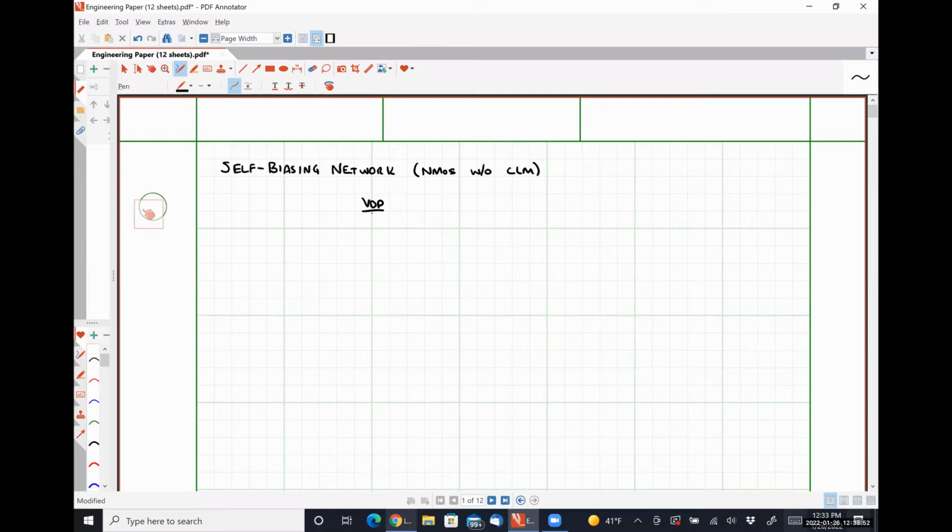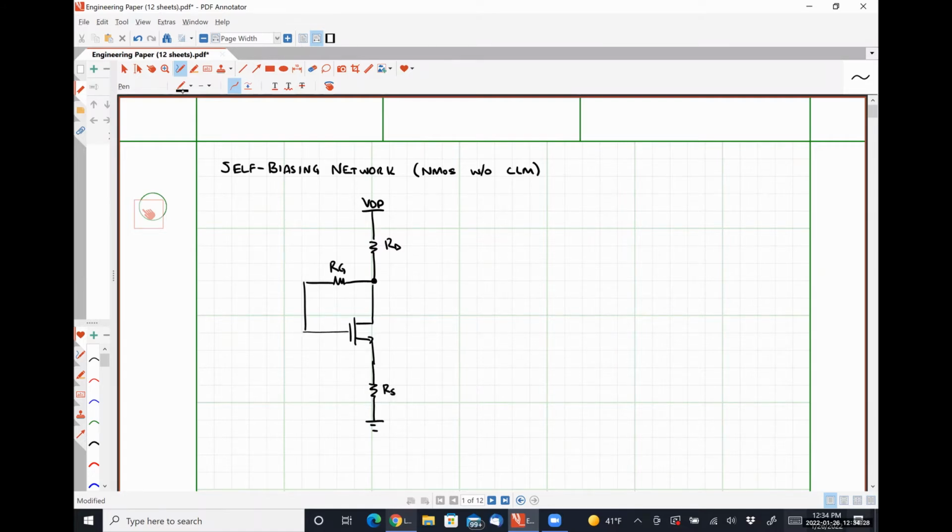We have our power supply, we have some resistance RD, and then we're going to have feedback effectively between our gate and drain, consisting of some resistance R sub G. And we're also potentially going to have some source resistance RS down here.